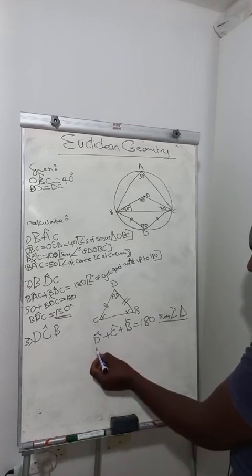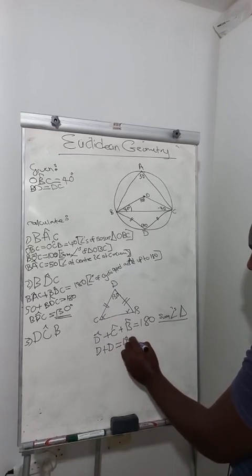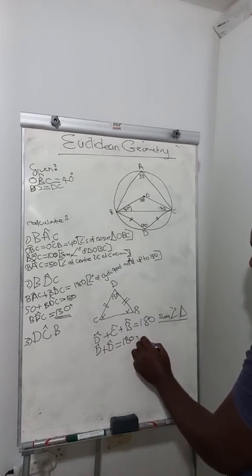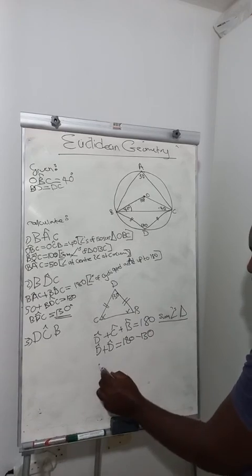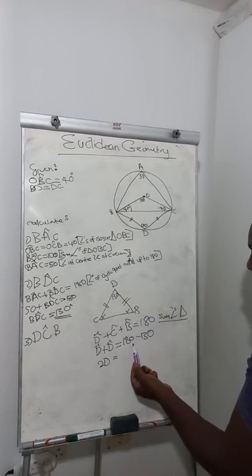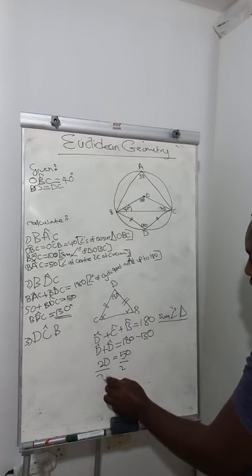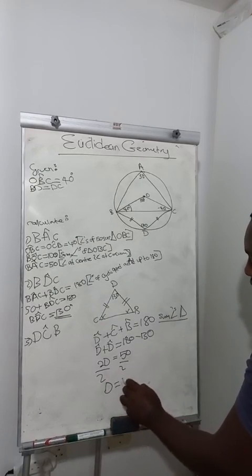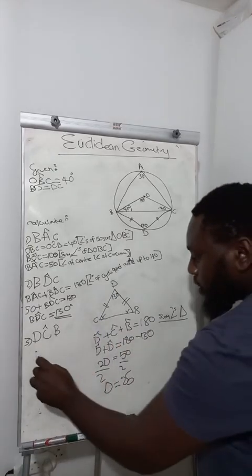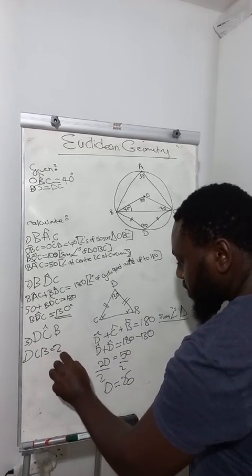So you just write D plus D is equal to 180 minus 130. So you'll have 2D is equal to 180 minus 130, which gives 50. Then 50 divided by 2 just means D is equal to 25. So you say DCB is equal to 25.